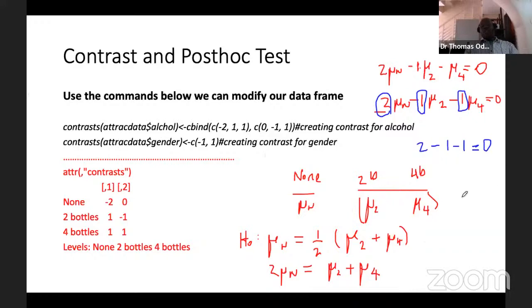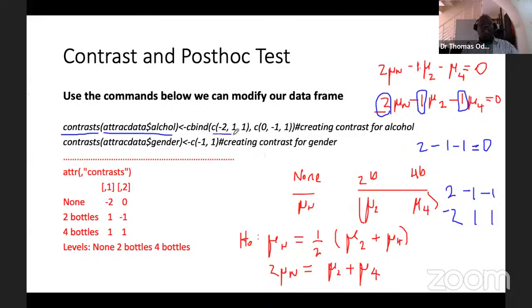So 2, -1, -1 is perfectly the same as -2, +1, +1, because it will still add to 0. That's what we have. So what you want to do is get your data set. We're going to do this at some point. You get your data set, get the contrasts, and say, I want to have 2 contrasts.